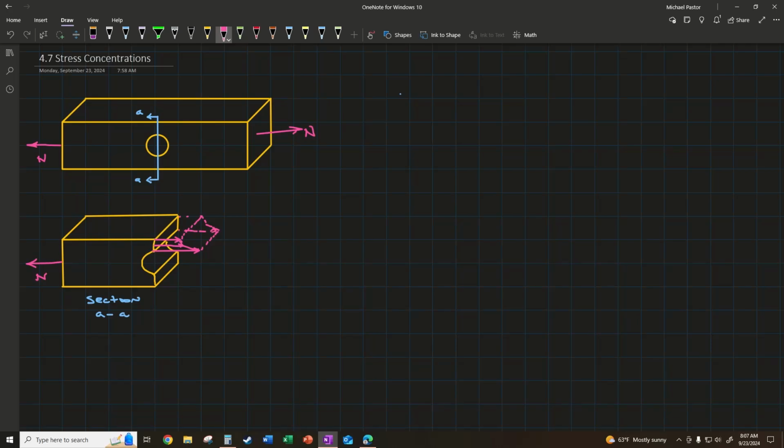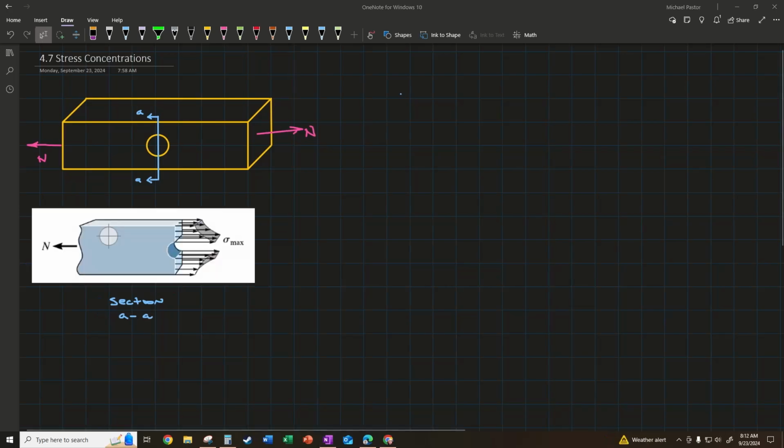So we'll have a very unusual distributed load with a higher value towards the hole and a lower value towards the outside surface. Likewise, at the bottom, a mirror image of the situation will exist. So, sketching in here, I'll just put this picture in to represent what I'm trying to say.